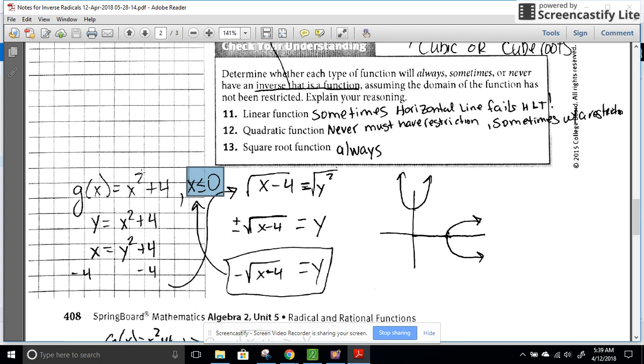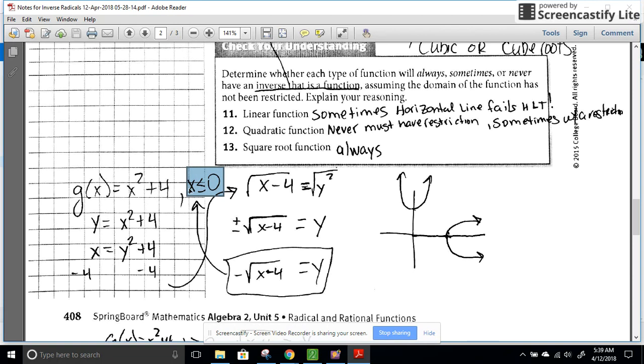If I just gave you this function and asked you to find the inverse, it would be plus or minus the square root. But if I gave you a restriction for that quadratic, saying don't graph the whole thing, I'm only graphing this portion of it right here, then I would only answer the negative square root portion. This is the negative part down here, the part that has negative y's.